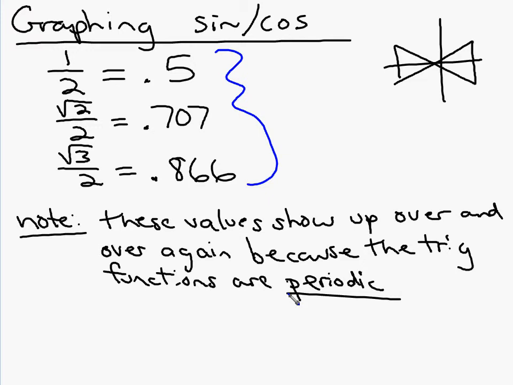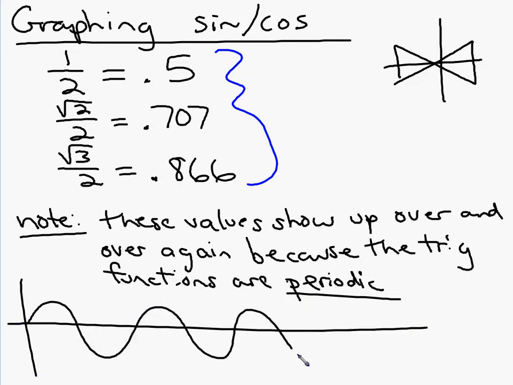And by periodic, we mean that they repeat the same pattern over and over again to infinity. We're going to see in a minute that the sine function keeps doing the same thing over and over again from negative infinity to positive infinity. And it keeps repeating those same values over and over again.